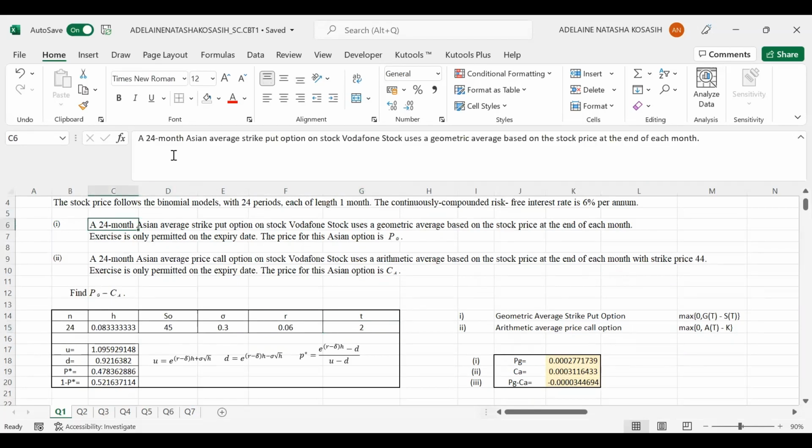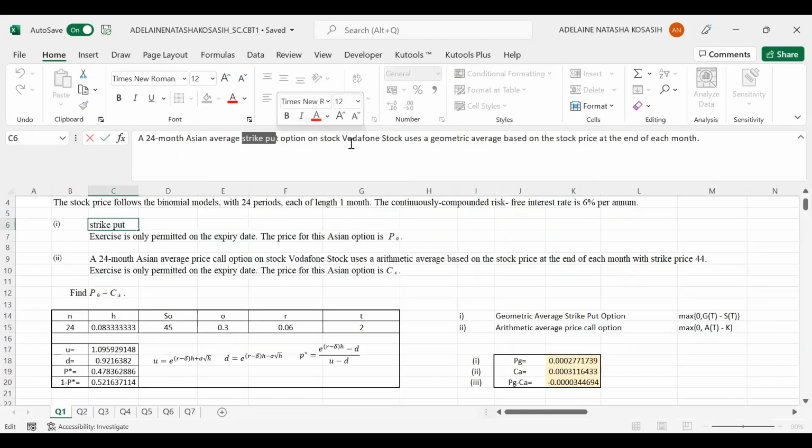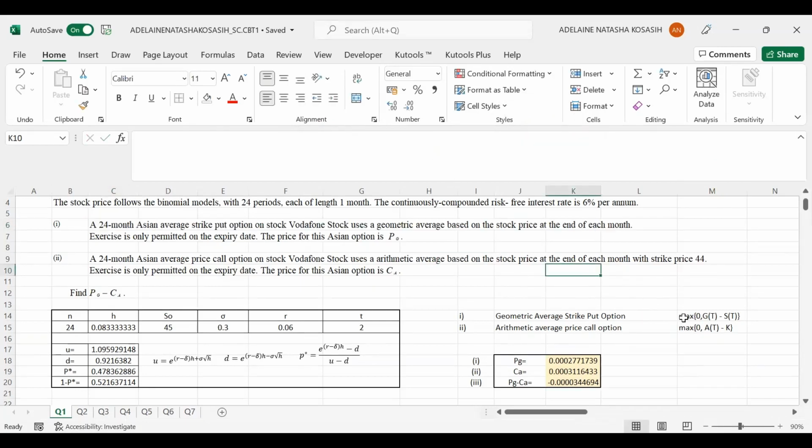A 24-month Asian average strike put option on the Vodafone stock. Use a geometric average based on the stock price at the end of each month. So for the geometric average strike put option, we use this payoff: max(0, G_T − S_T).